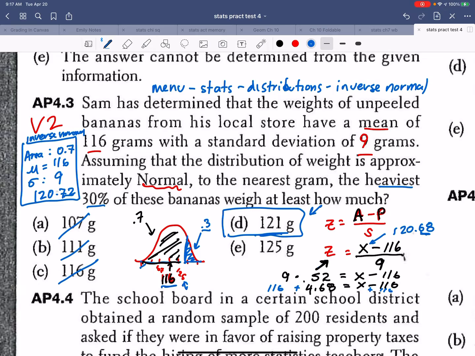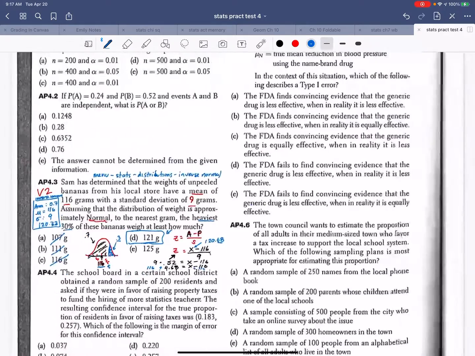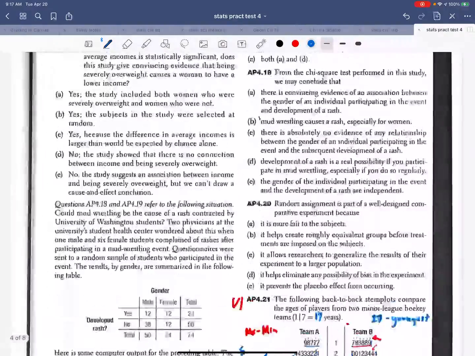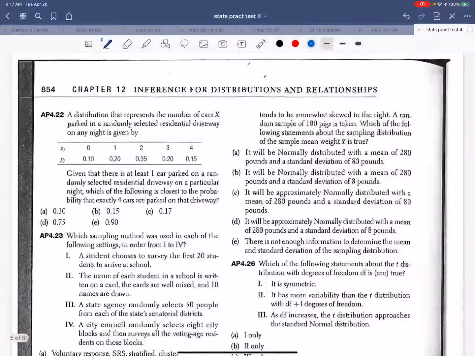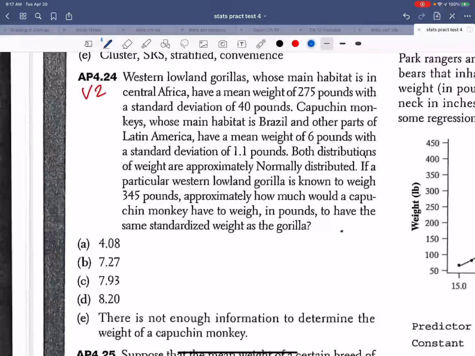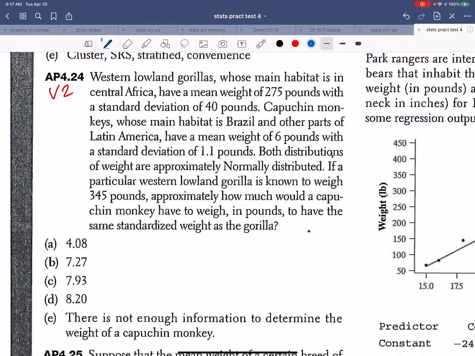Okay, now let's jump to question 24, which is similar to this one. Question 24 states, the western lowland gorilla, whose main habitat is in Central Africa, has a mean, I'll just say W, of 275 and a standard deviation of 40.